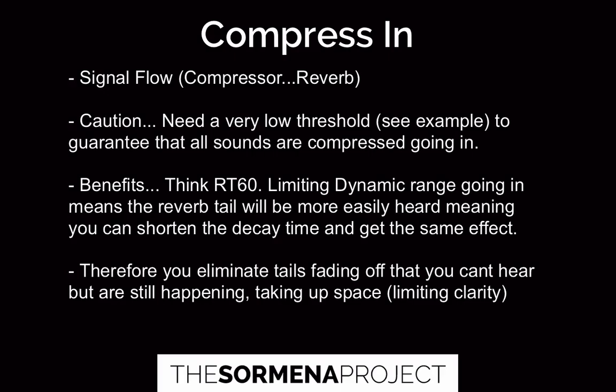So the signal flow here is very straightforward. Compressor followed by reverb. Before we go any further, a word of caution, something that I talked about in the last tutorial. You need to make sure that the signal you are sending into the reverb is actually being compressed. If you have the compressor just sitting there and you're not limiting the dynamic range at all, then there's no reason to have that compressor there.